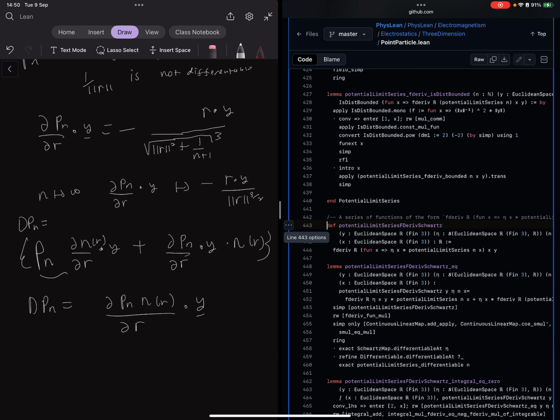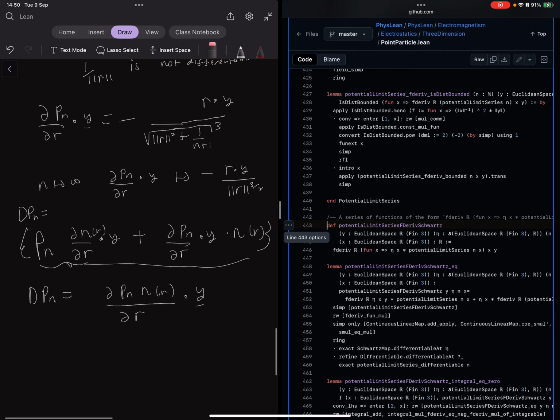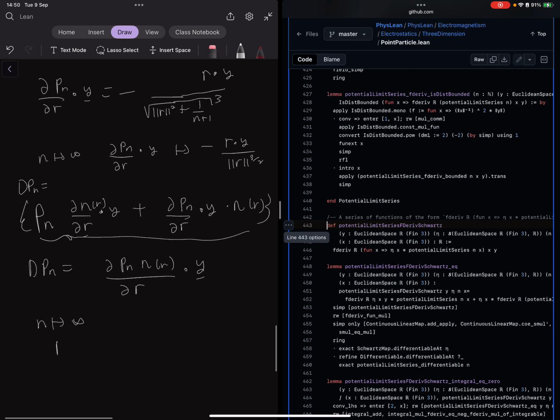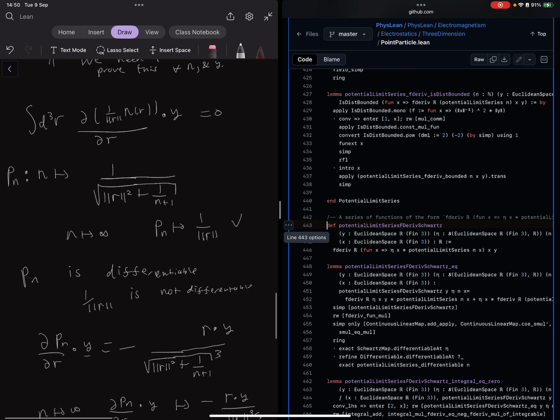And you can show that basically because this is the use of the chain rule of two differentiable functions. You can't do that up here because things aren't differentiable. And what is more, as n goes to infinity, dP of n tends towards the thing we've got within this bracket here.